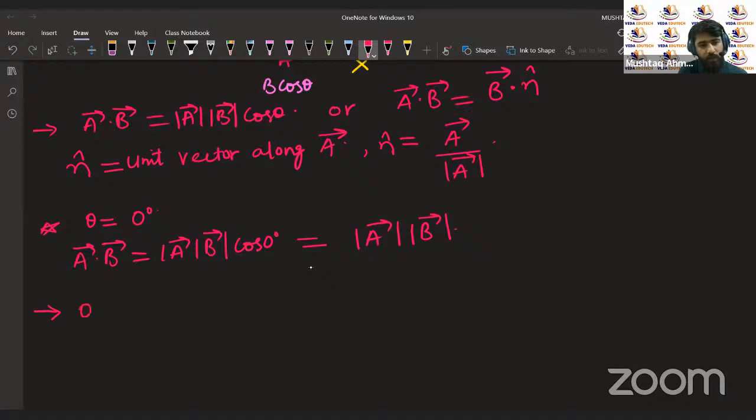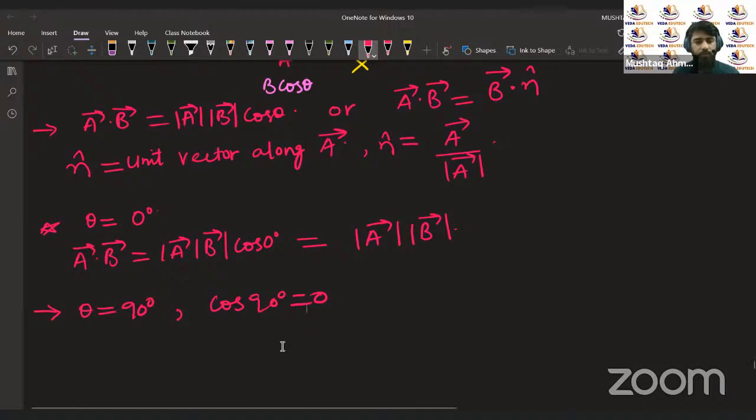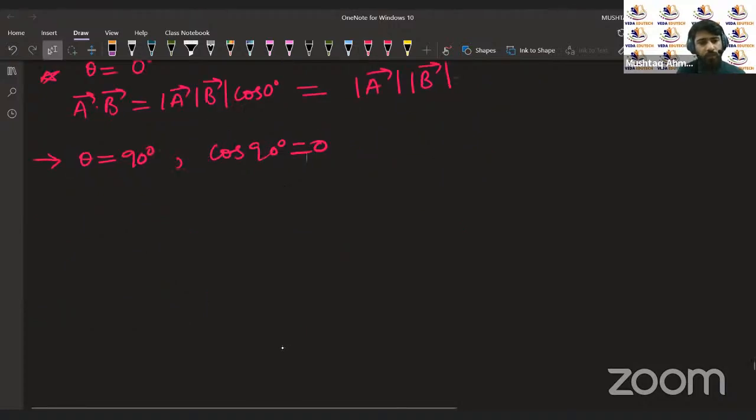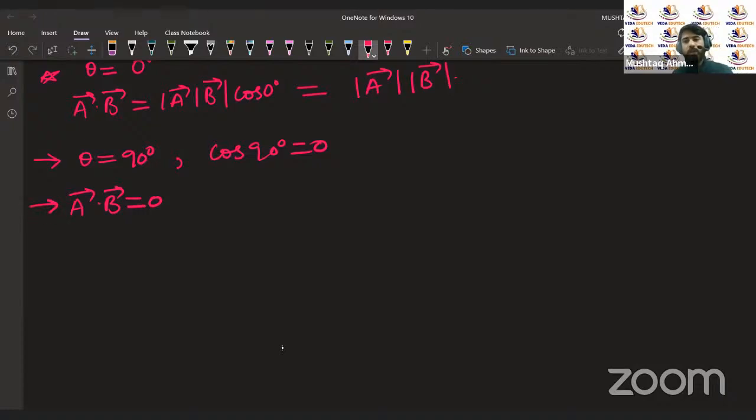The second case is, suppose theta is equal to 90 degree. Angle between the two vectors is 90 degree. We know that cos 90 is 0. If cos 90 is 0, then A dot B is going to be equal to 0. So the two vectors are perpendicular to each other when the dot product of the two vectors is equal to 0.